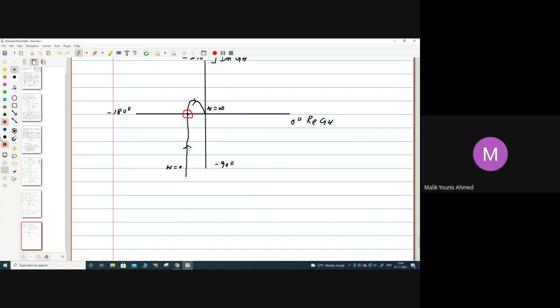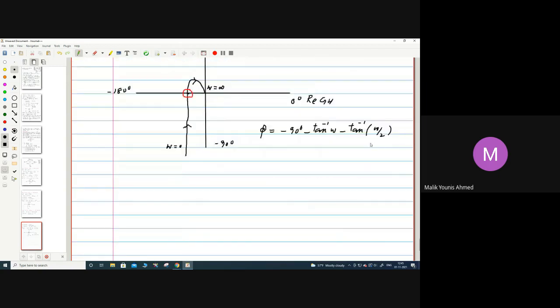How? What's the way to find this? So what we have is phi equal to minus 90 minus tan inverse of omega minus tan inverse of omega by 2. I think this is the one. Yeah. So we can substitute here the phase angle, because this is cutting at minus 180 degree.